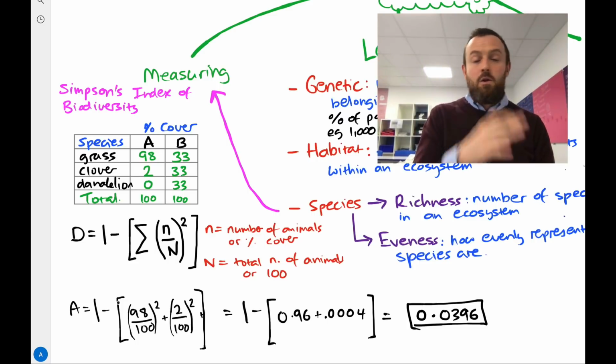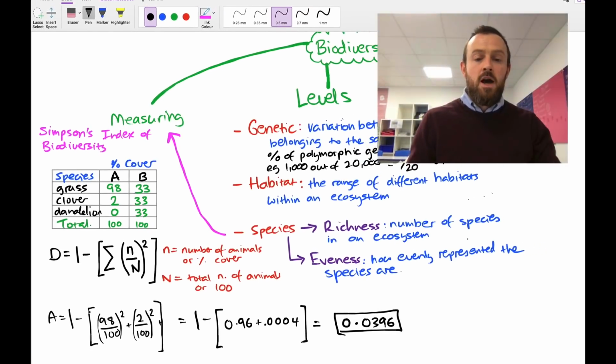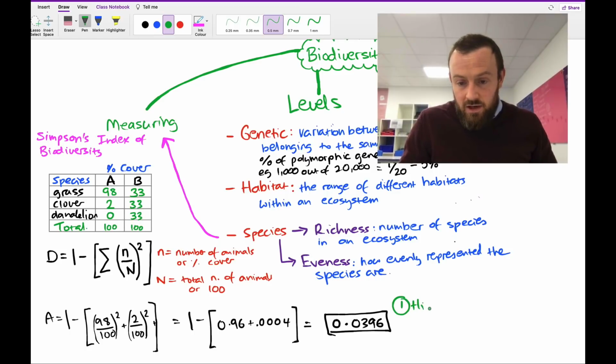For field B, it would be much higher. If you want to work it out, please be my guest, but I'm not going to. But let's just say what range of values we can get. So 1 is the highest. The highest you can ever get is 1.